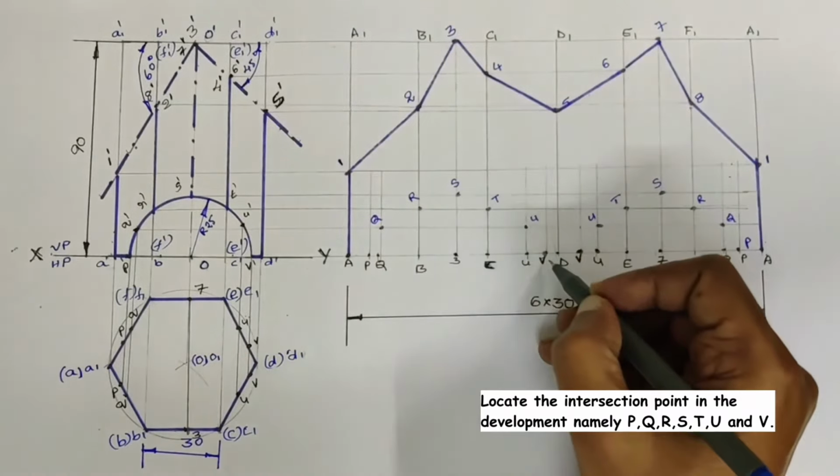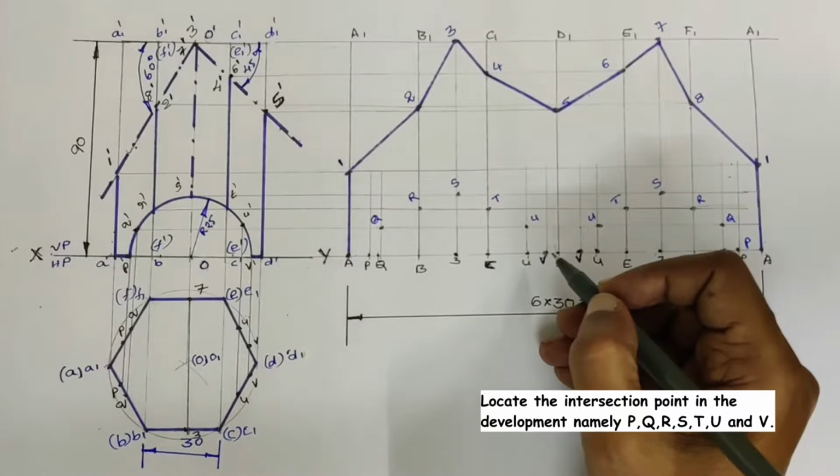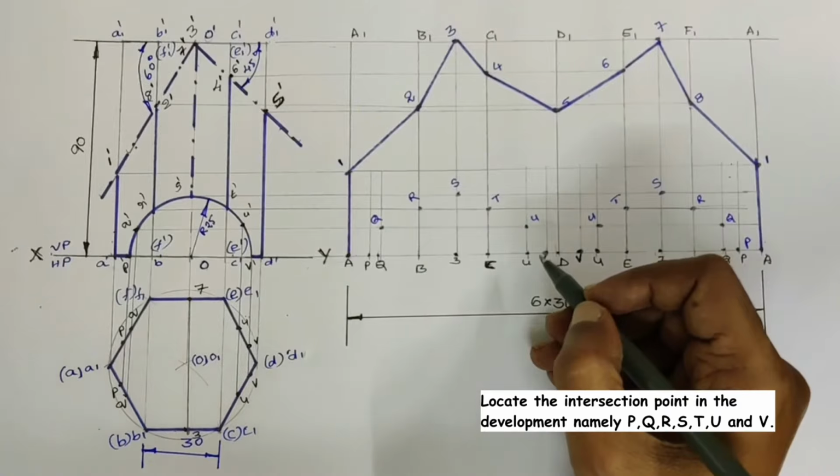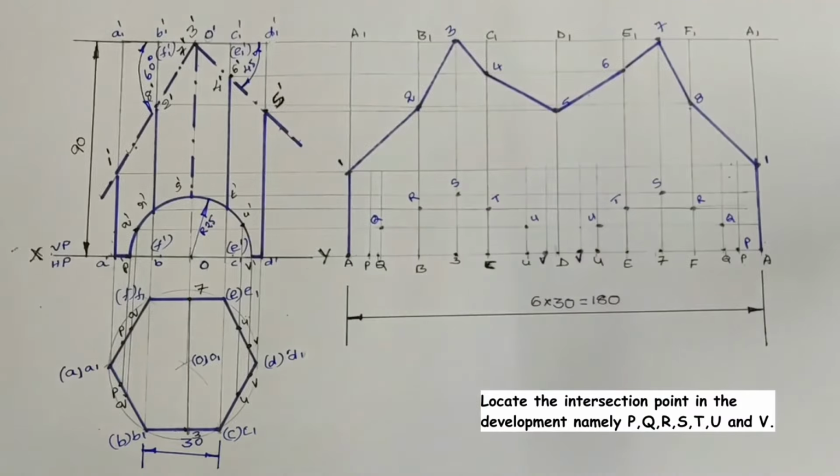These points are joined with a freehand curve with the H pencil. That is, this curve is to be darker.